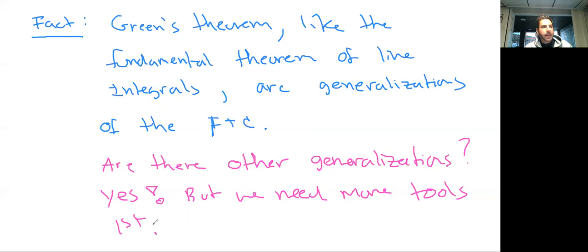So when I say generalizations, let's think about the big picture. I think 2 classes ago, I tried to emphasize this big picture. How did I try to emphasize it? Well, I said we're relating the integral over a region in terms of something on its boundary. So that's exactly what Green's theorem does.